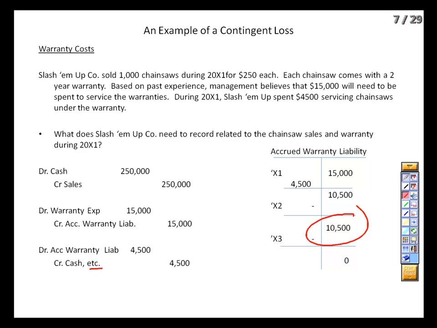We've been here before. How do we get an account to have a zero balance when it's got a credit for $10,500 in it? Well, we debit it for $10,500, of course. So, if we debit the account for $10,500, we've got to credit something. And what are we going to credit? Well, we're going to credit some sort of gain.